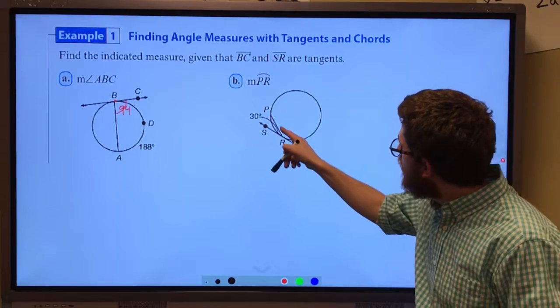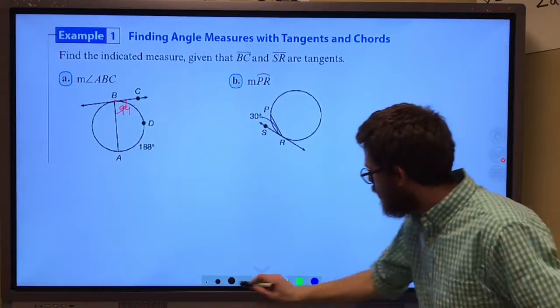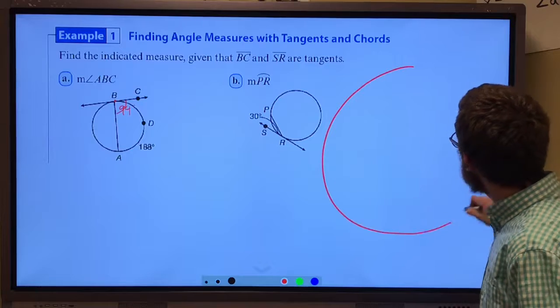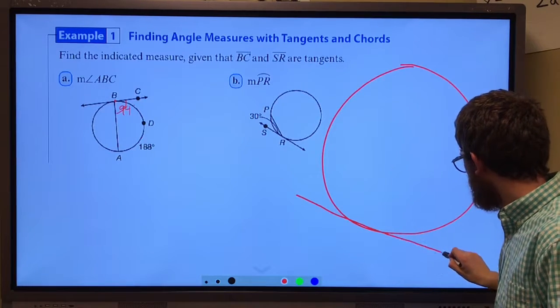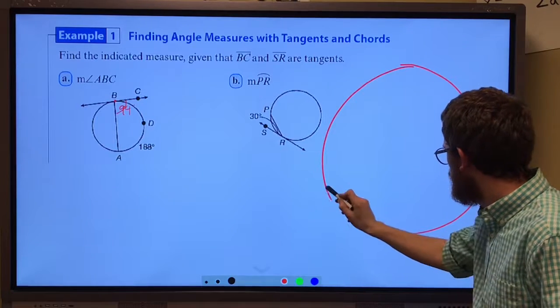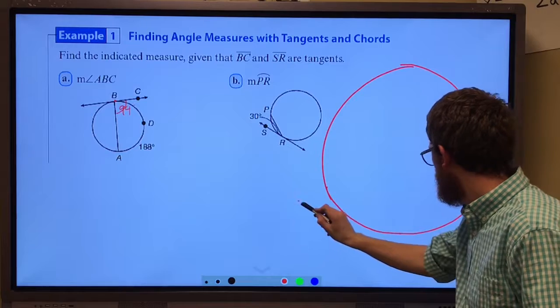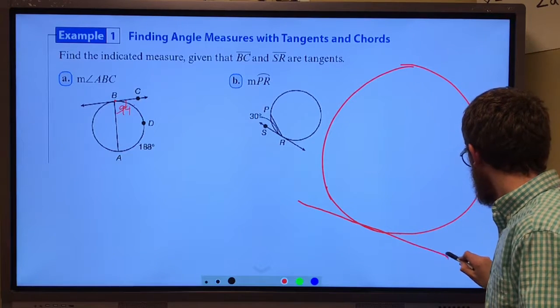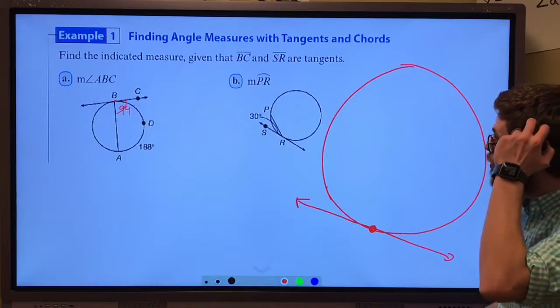Over here, the situation, it looks like it's hard to kind of see what's going on. So I'm going to draw it much bigger. Look at this. Same situation. We've got a line that is tangent. There it is. There's our tangent point.